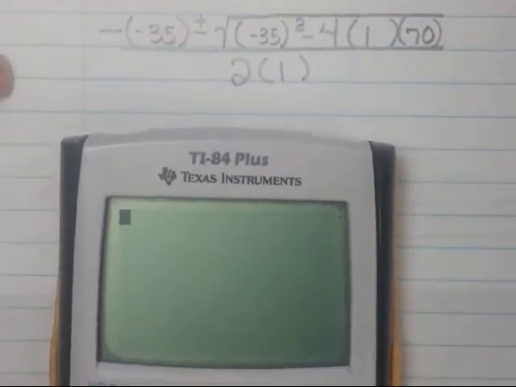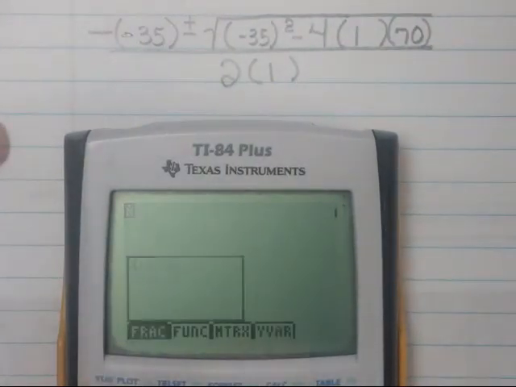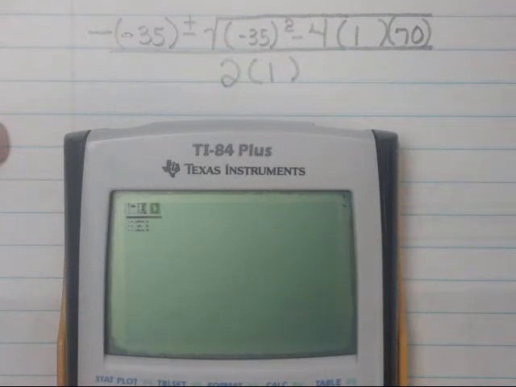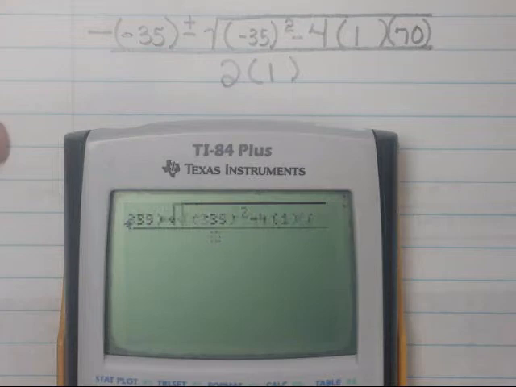So let's input this into the calculator. Make this a little darker because 35 is negative. We need to make sure that it shows. So alpha y equals enter, negative 35 plus the square root of negative 35 squared minus 4 times A times C, which is 70, over 2 times 1, and enter.